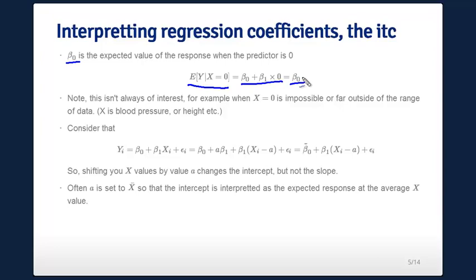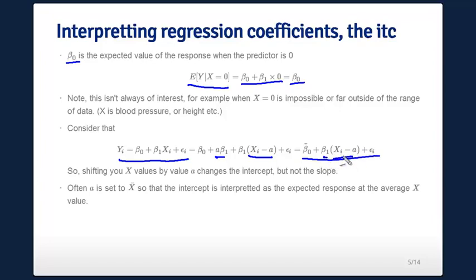There's a trick so that you can get the intercept to be interpretable but not tinker around with the slopes. Here's our model: y_i equals beta naught plus beta 1 x_i plus epsilon_i. Imagine if I shifted x_i by amount a, then I subtracted a beta 1 a there, and then I have to add a beta 1 a there, and I wind up with the same exact model, with beta 1 times the shifted x.